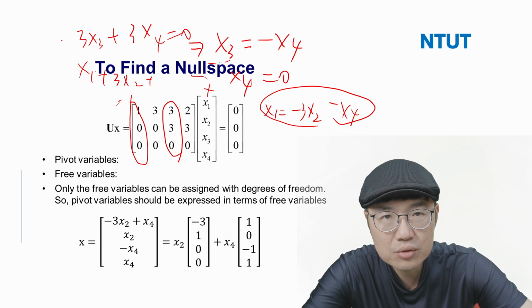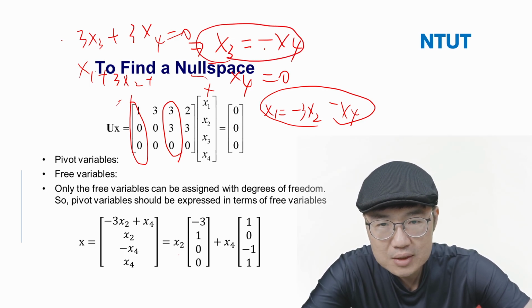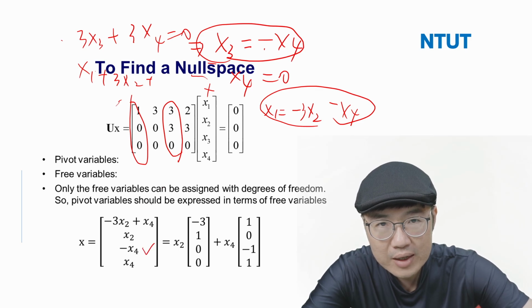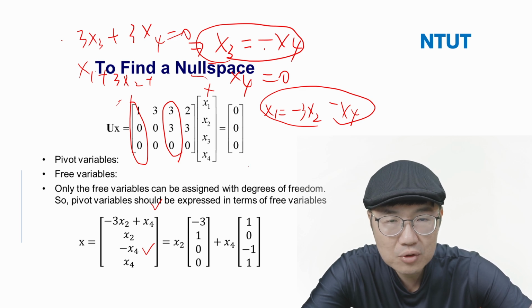And x3 equals x4. So with x3 substituted by minus x4, and x1 be minus 3x2 minus x4. This is a positive x4, I beg your pardon.